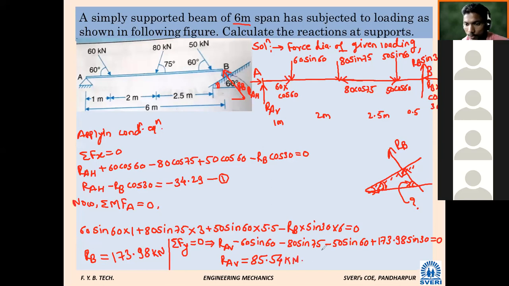Any other same answer or different? Same? Yes. So RB we already got. What about RA? Calculate now RA. You know the formula for RA, under root RAV square plus RAH square. Calculate and tell me the final value.